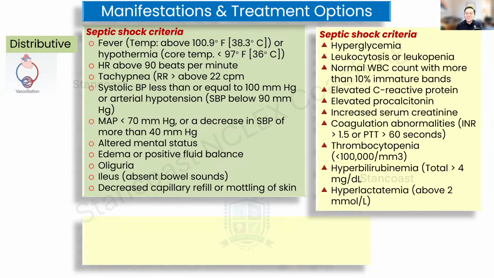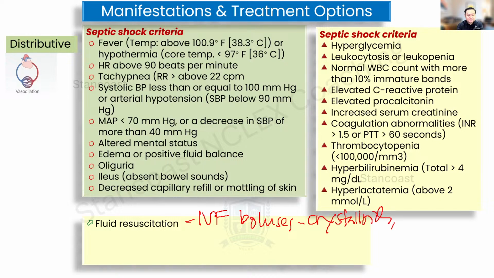Now, how are we going to treat this patient with sepsis? Well, fluid resuscitation is our priority. We're going to have to administer isotonic crystalloids, IV boluses. We're going to have to give the crystalloids, normal saline or lactated Ringer's solution, in order to rapidly restore the intravascular volume, right?